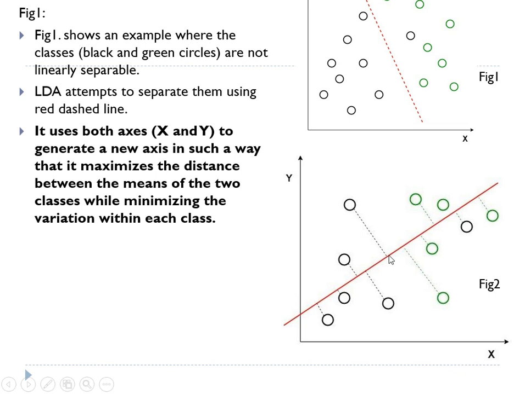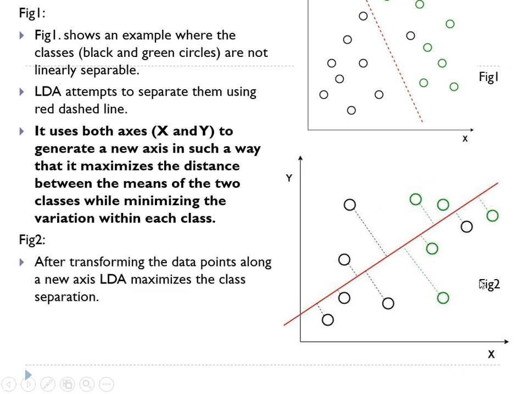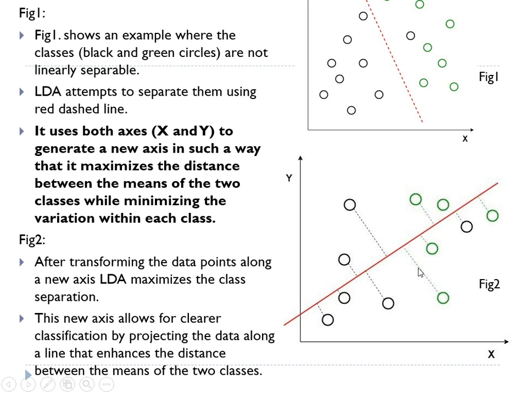When you maximize these, you can minimize the variations between these two classes. So in figure 2, we are seeing the implementation of LDA. The red line is the LDA axis which is generated, and the goal of this red line is to maximize the separation between the two classes.